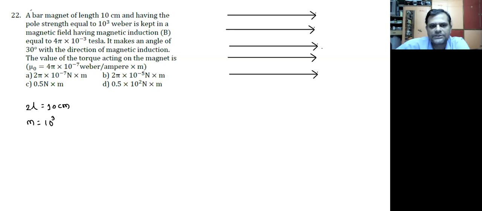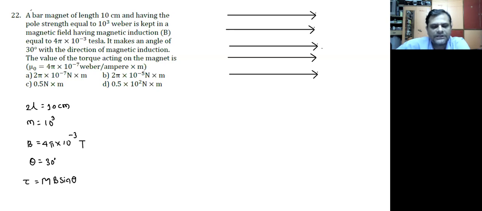Unit तो correct नहीं है उसका, but चलो ठीक है, standard unit consider करके, और magnetic induction भी दिया हुआ है B, which is going to be equal to 4 pi into 10 raised to minus 3 Tesla. Okay, and it makes an angle of 30 degree, so angle भी दिया हुआ है 30 degree. Yes, and the value of torque we have to find out. So torque is actually equal to mB sin theta, right?